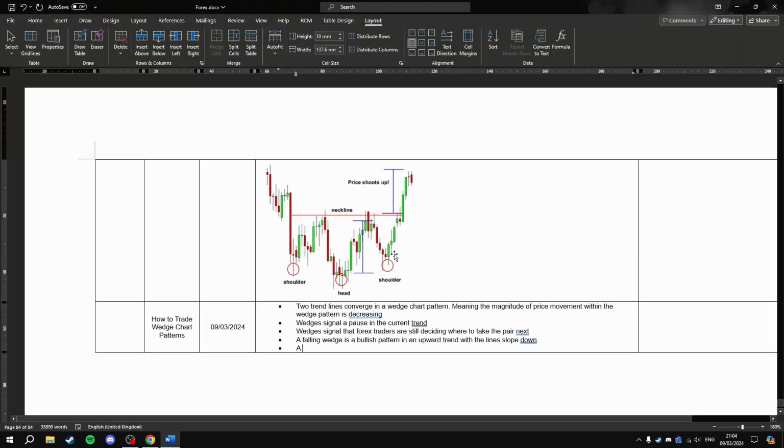A rising wedge is a bearish pattern in a downward trend with the lines sloping up.